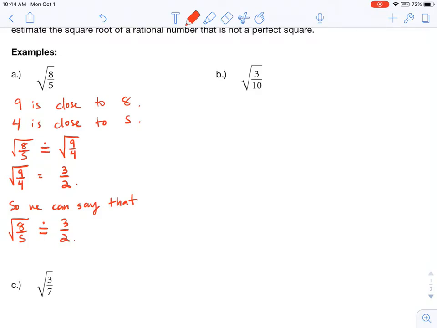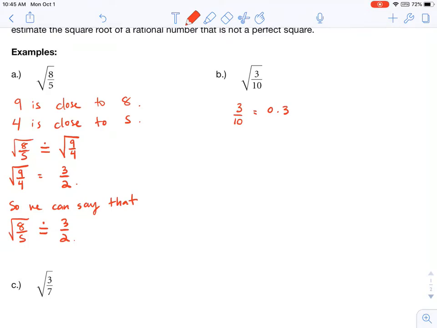Another way, so let's look at B, the square root of 3 over 10, and right away we say, yep, 3 is not a perfect square, 10 is not a perfect square. So again, we have to use our benchmarks. But this time, I'm going to take 3 over 10 and change it over to a decimal, which is 0.3.